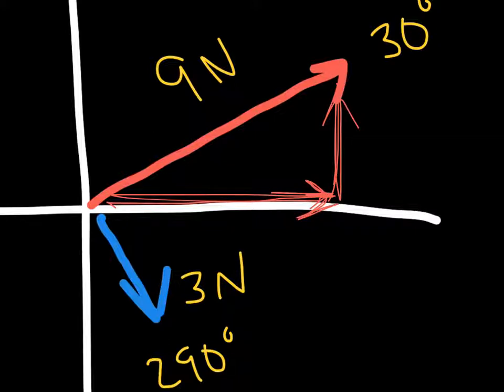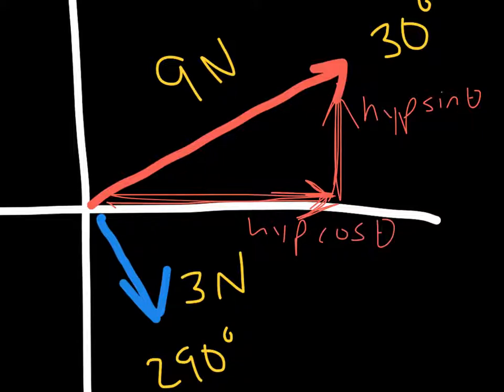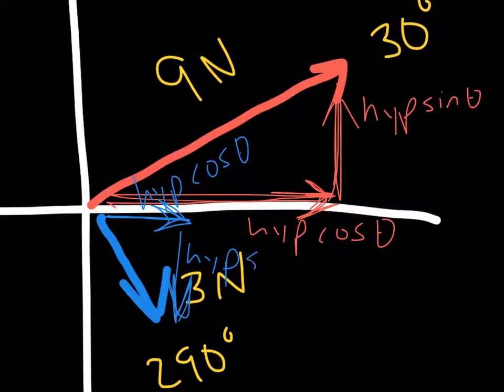Now this is going to be hypotenuse sine theta. This is going to be hypotenuse cosine theta. Then over here, we're going to break this into its component parts. This is going to be hypotenuse cosine theta, and this is going to be hypotenuse sine theta.